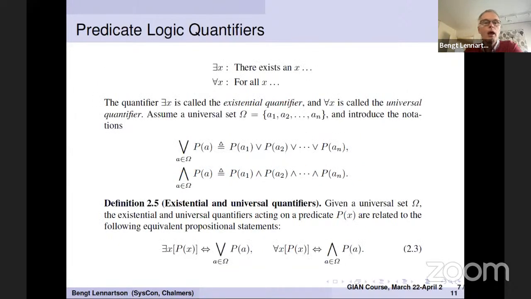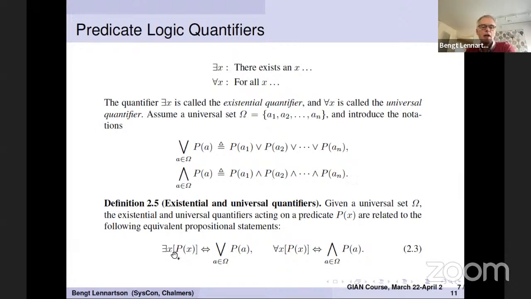Thank you. Actually, these parts I think I've already discussed, because I said that existence can be expressed as an or condition, but now I introduce a specific notation on a set of elements, just to avoid writing this all the time.